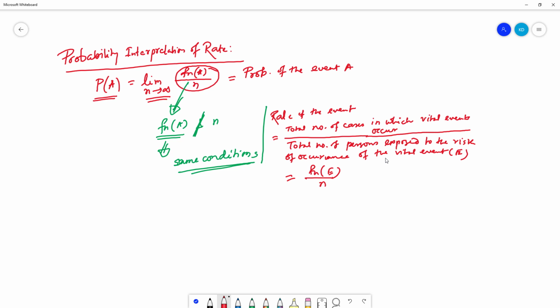However, this interpretation cannot be given for such cases. Ratio of vital events. Here, the purpose is to compare the importance of one vital event E1 to that of another, E2.